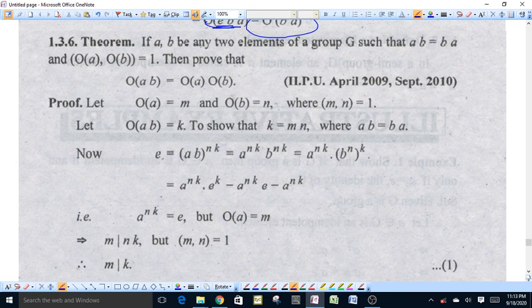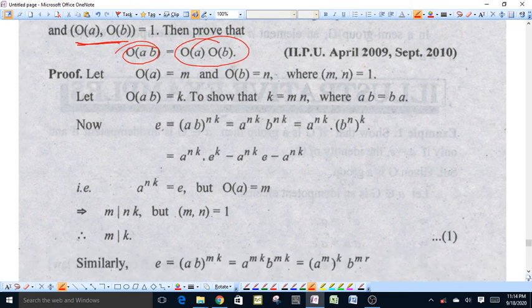Next theorem: if A and B are any two elements of G such that AB is equal to BA, and the GCD of the order of A and the order of B is equal to 1, then prove that the order of AB is equal to the order of A into the order of B. Let the order of A be equal to M and the order of B be equal to N, where M and N are relatively prime.